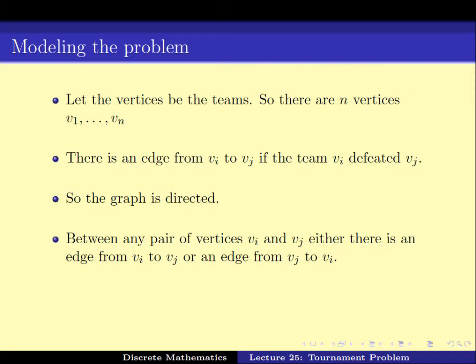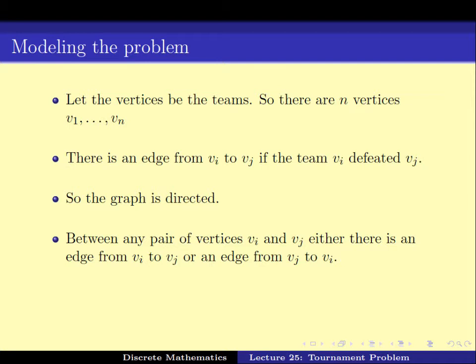And what do we have to find? We have to find or number the vertices in such a way that the first vertex defeats the second vertex, defeats the third vertex, defeats the fourth vertex, and so on till the nth vertex.